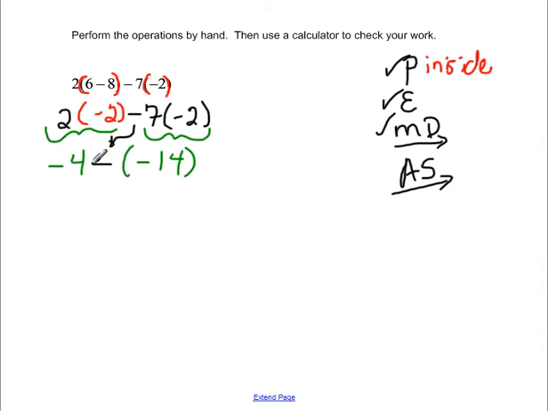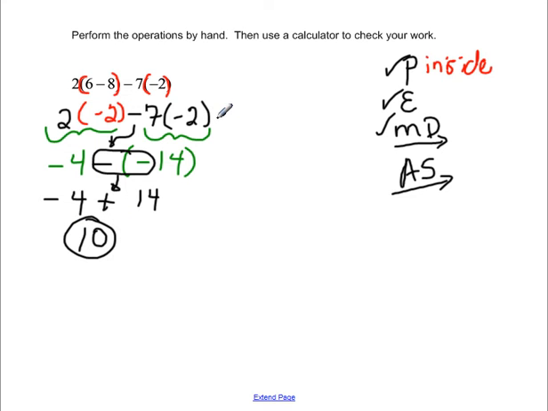Now we can see that we are subtracting a negative. So negative 4, subtracting negative is the same thing as adding 14, right? Subtracting a negative, those two symbols are going to come together to give me the single plus. And negative 4 plus 14 equals 10. So that's our final answer.